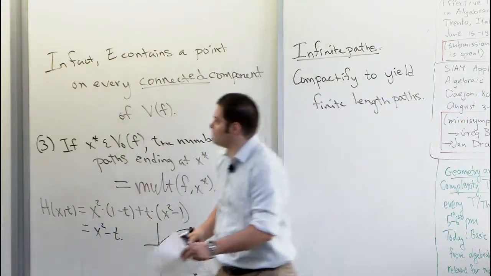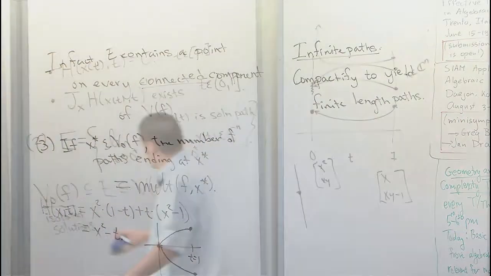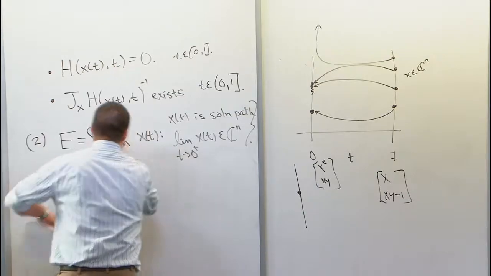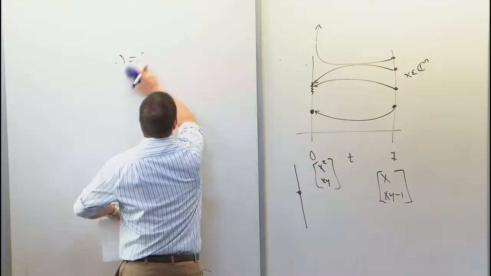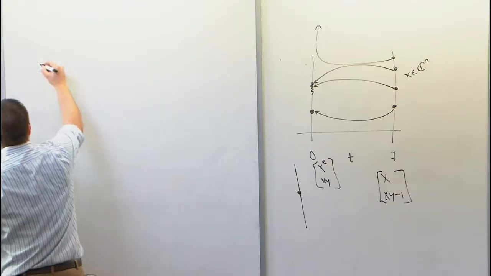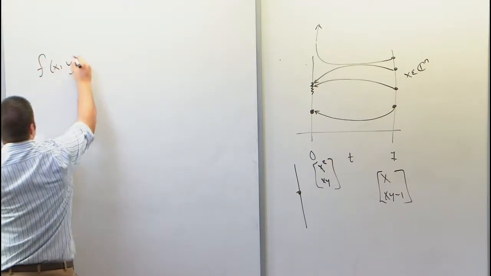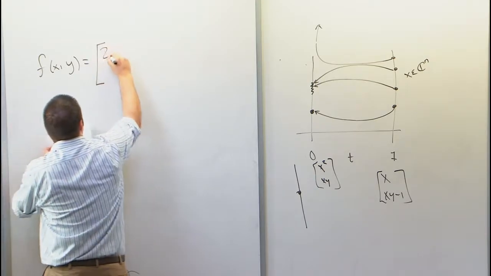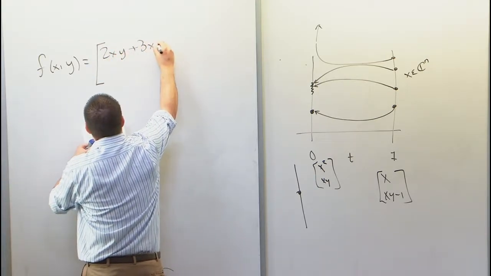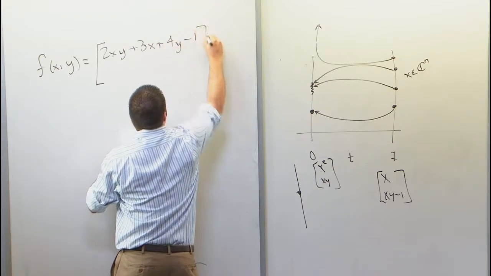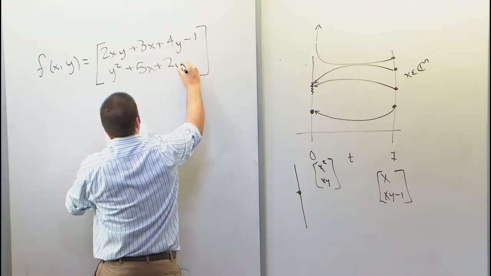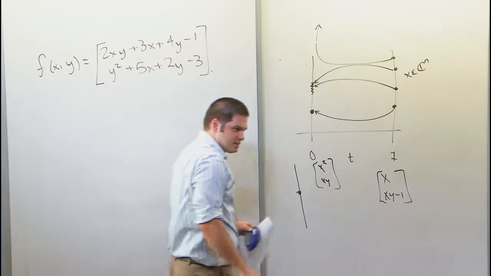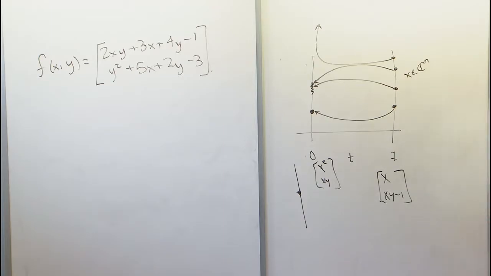There was a homework problem that I'll talk about to demonstrate. We have 2xy plus 3x plus 4y minus 1, and then y squared plus 5x plus 2y minus 3. We correctly found out last night at the homework session that this has exactly 3 real roots.